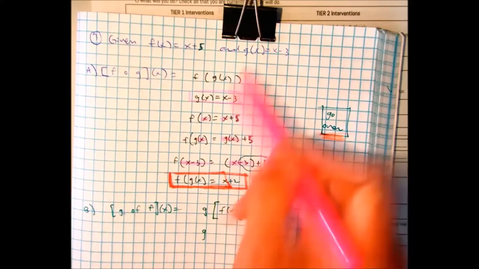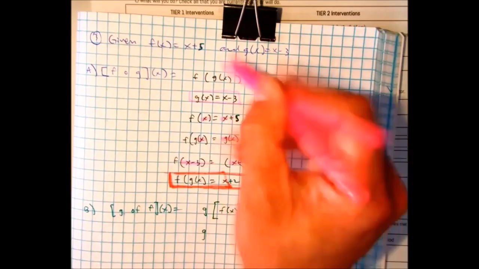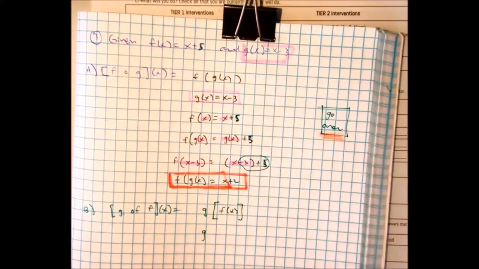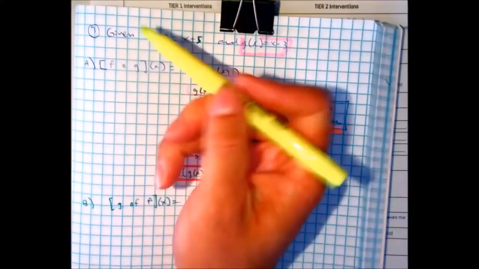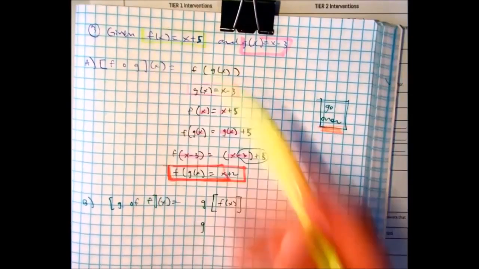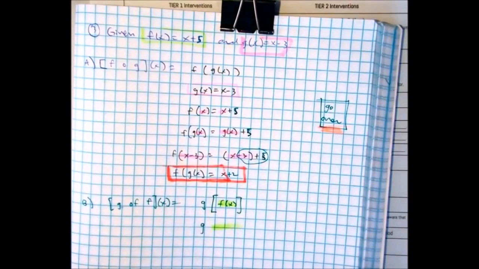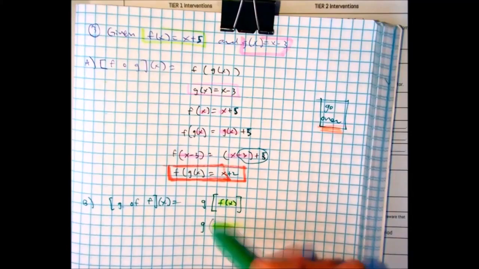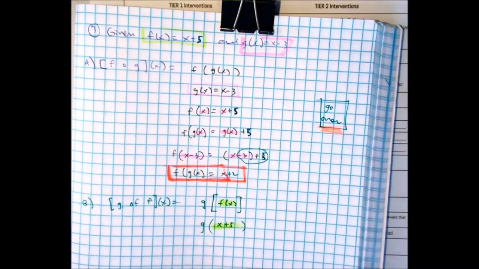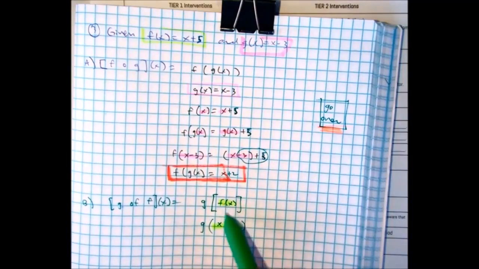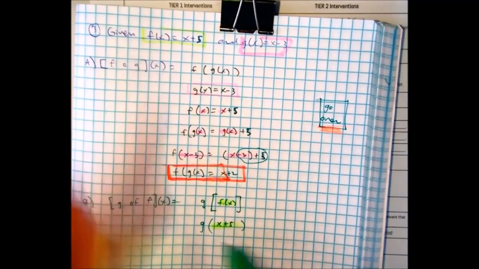We said g of x was pink and yellow was the f of x. So basically in my function of g of x, we're going to be putting in x plus 5. So instead of f of x, it's x plus 5.